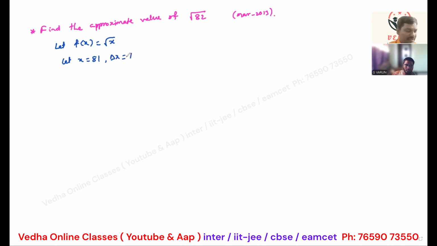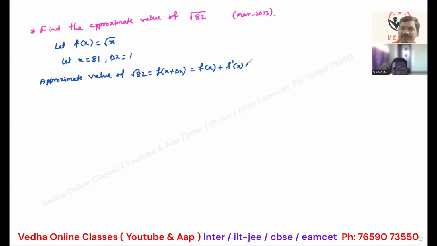and delta x equal to plus 1. Now the approximate value of root 82 is nothing but, we can take the formula f of x plus delta x is equal to f of x plus f dash of x into delta x.